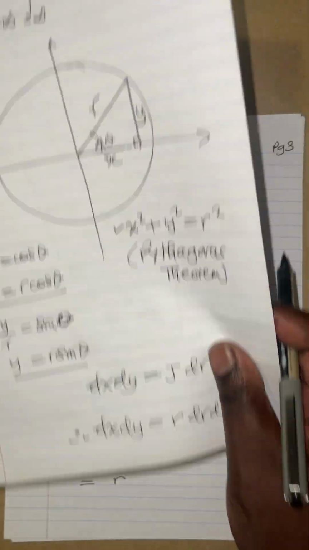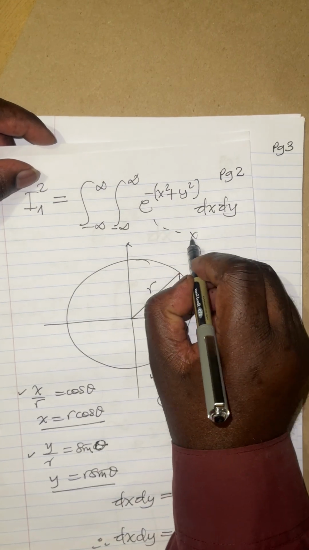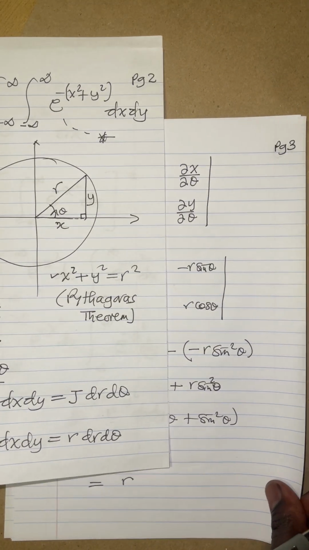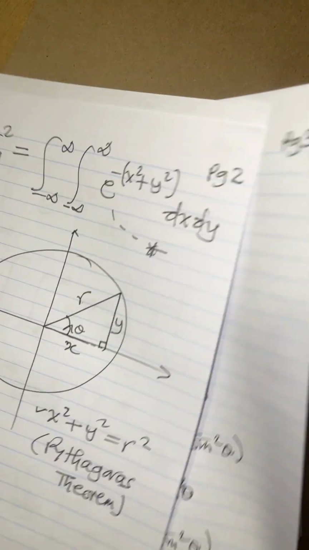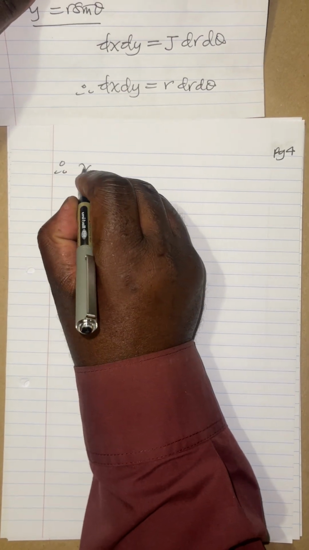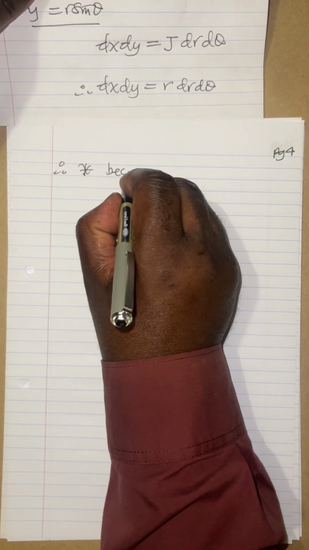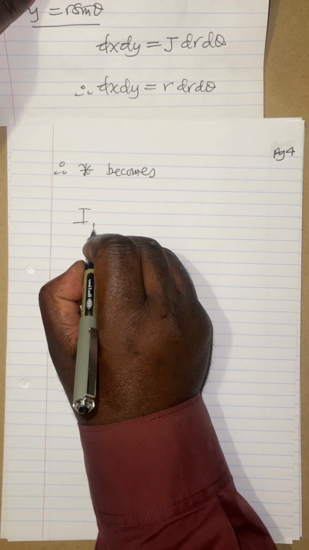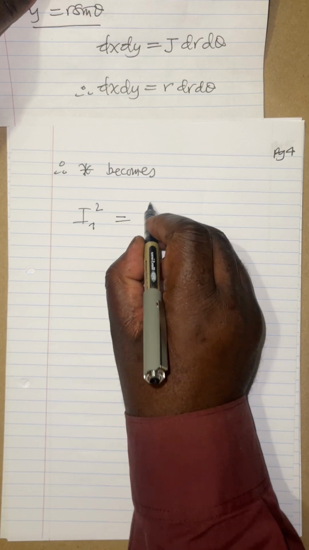Now we're changing this. If I call this asterisk, I'm going to say here on page 4, therefore asterisk becomes I1 squared is equal to the integral.